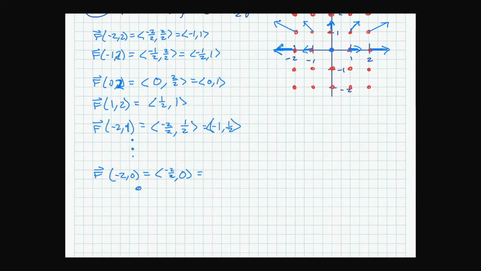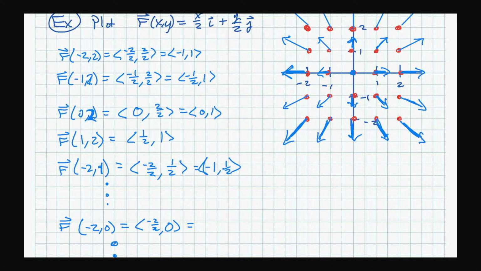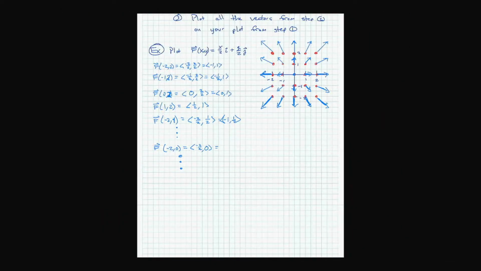And then again, you just keep going. And I believe this one, if I did keep going, will look like this. So, I mean, I didn't plot nearly all of these, right? I just plotted some of them. But there you go. And that is how you plot a vector field.